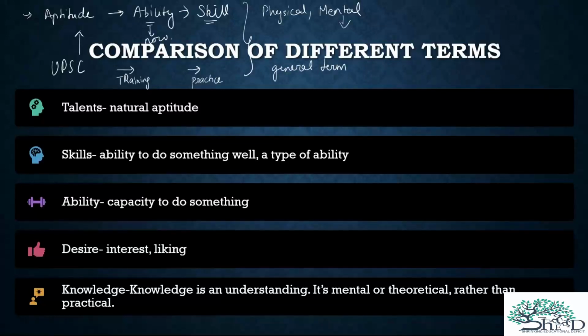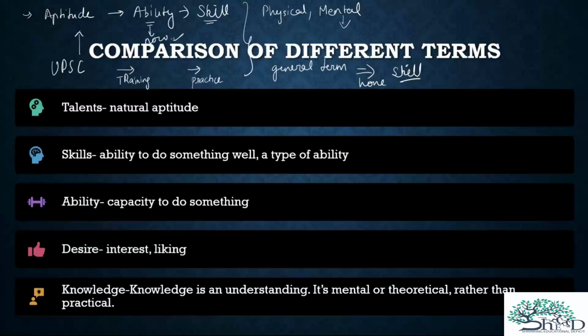It includes a lot of things, but when you hone it, it becomes skill. That is the main difference. This is the overall life cycle. Ability includes a lot of things which are talent, and it is basically the capacity to do something, as I have defined on the screen. When you sharpen your ability, it can benefit the individual. That is how ability, aptitude and skill are linked.